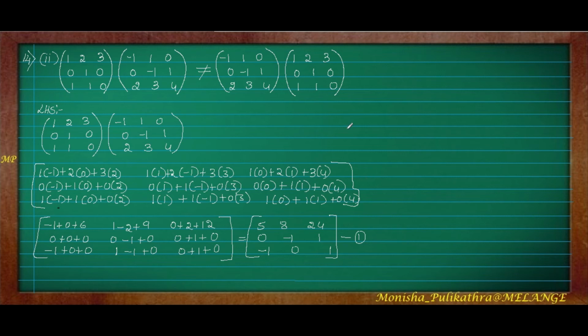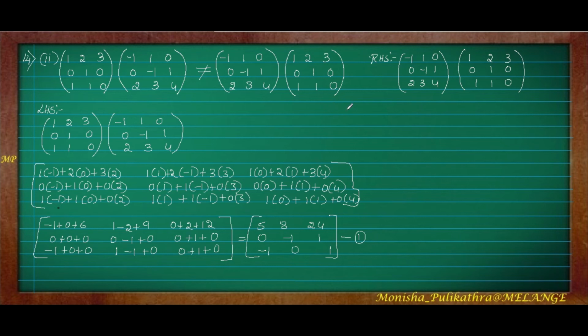So now we have to take the RHS side. So I will be writing it here itself. So RHS is [minus 1, 1, 0; 0, minus 1, 1; 2, 3, 4] into [1, 2, 3; 0, 1, 0; 1, 1, 0]. So I will be multiplying the first row with all the three columns.